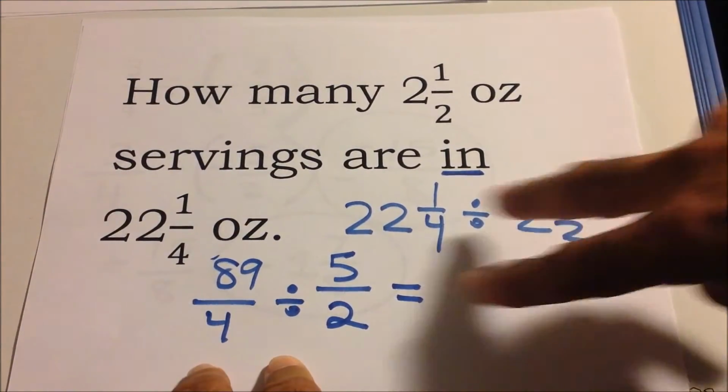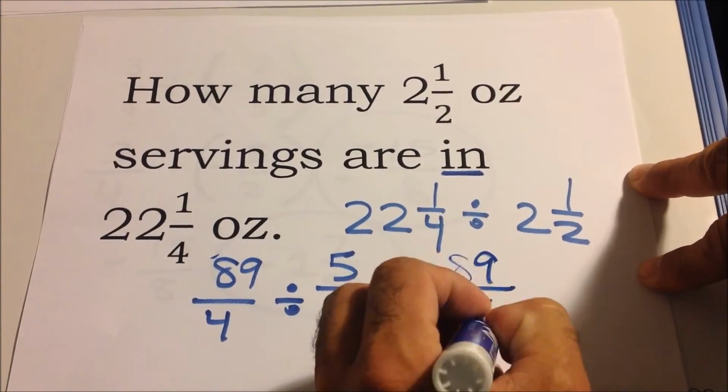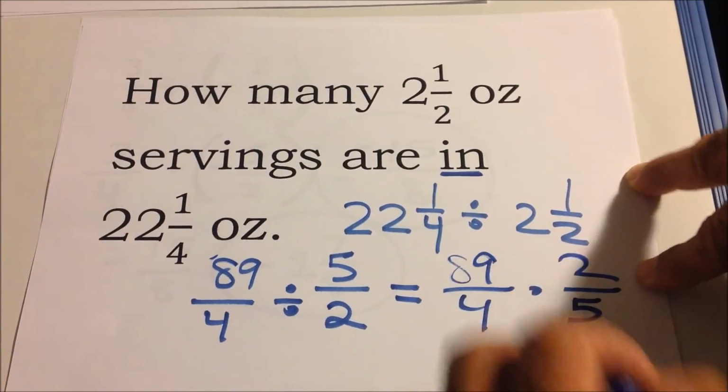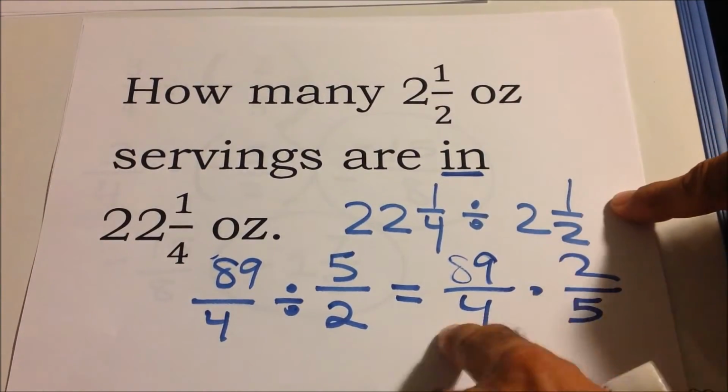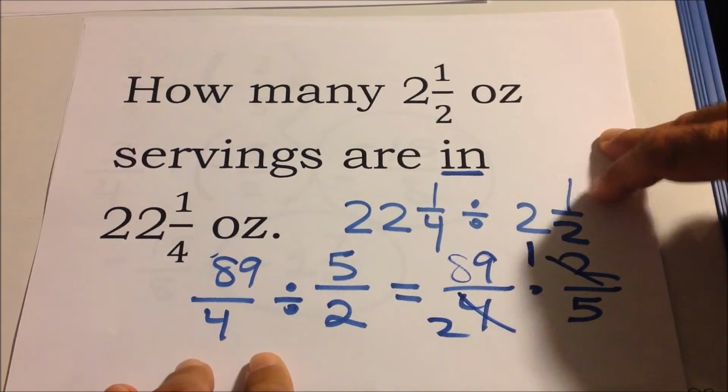What do we do with division? We flip the fraction. So this will be 89 over 4 times 2/5. Now you can see we can reduce here. 2 goes into 4 twice, and 2 goes into 2 once. So that gives us 89/10.